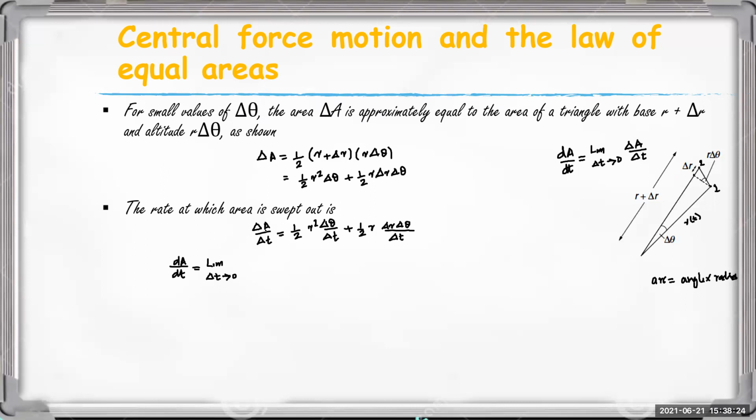I take 1 by 2 common from both: 1 by 2 into R square delta theta divided by delta t plus R into delta theta delta R divided by delta t.